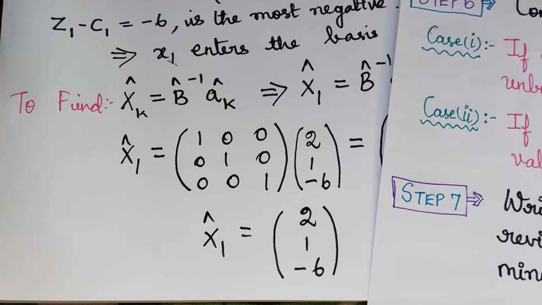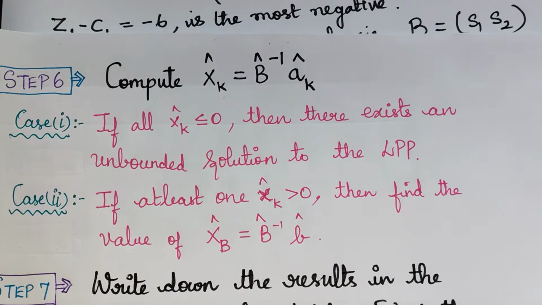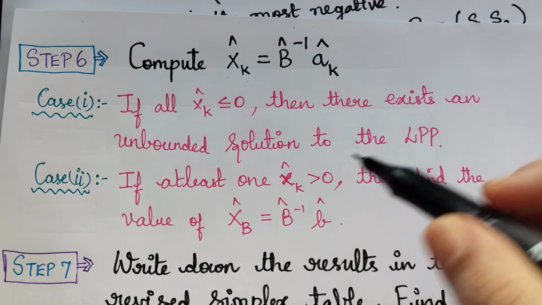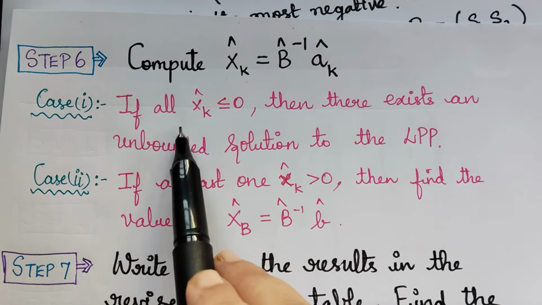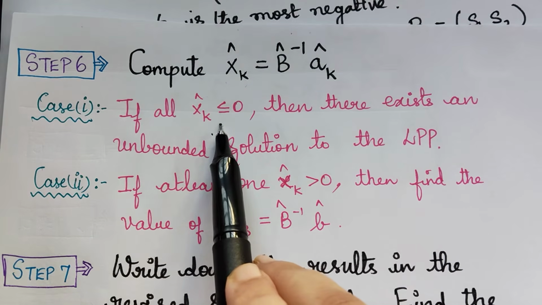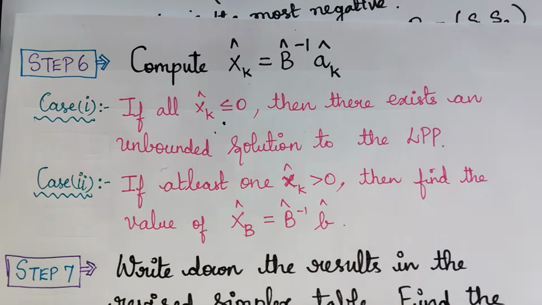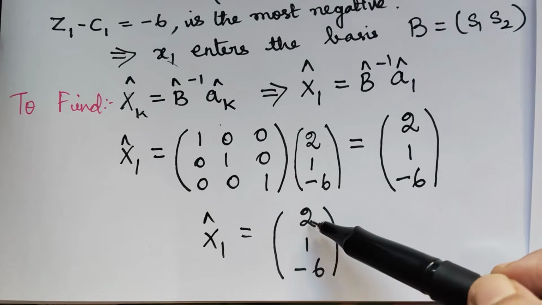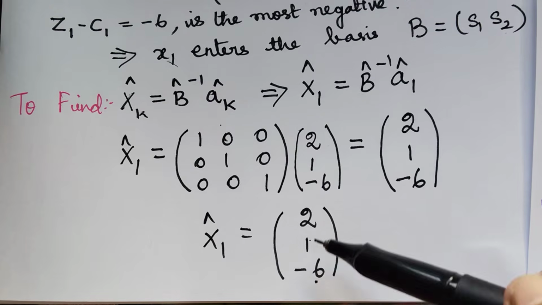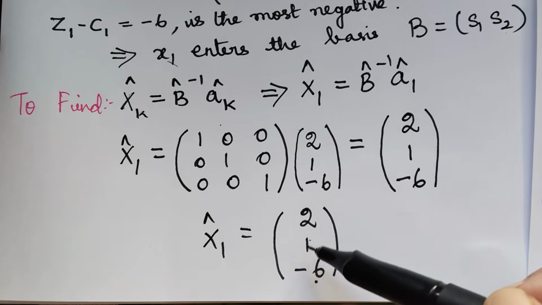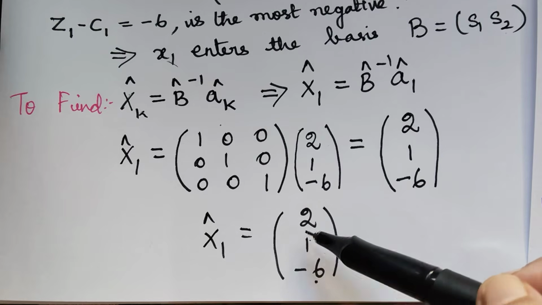After finding this x1 cap, we will go to step 6, where we have two cases. If all xk cap is lesser than or equal to 0, then there exists an unbounded solution to the LPP. So we have to check whether all the values are lesser than 0. If we check, only one value is lesser than 0, the other two are greater than 0.